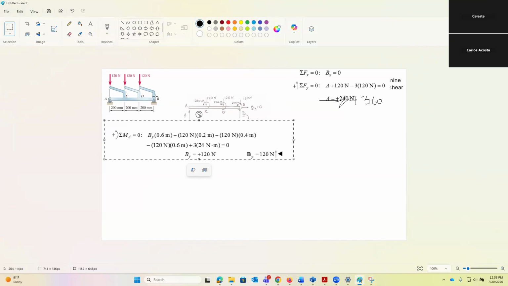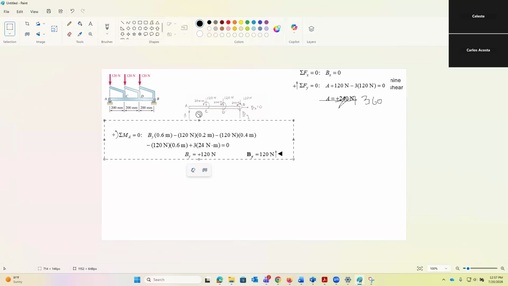Oh yeah, if we do it here at A, we can cancel that force. So you can cancel this force and you can only use these two, 120 times 0.4 and 120 times 0.2. That will give you 120 newtons. That's By.